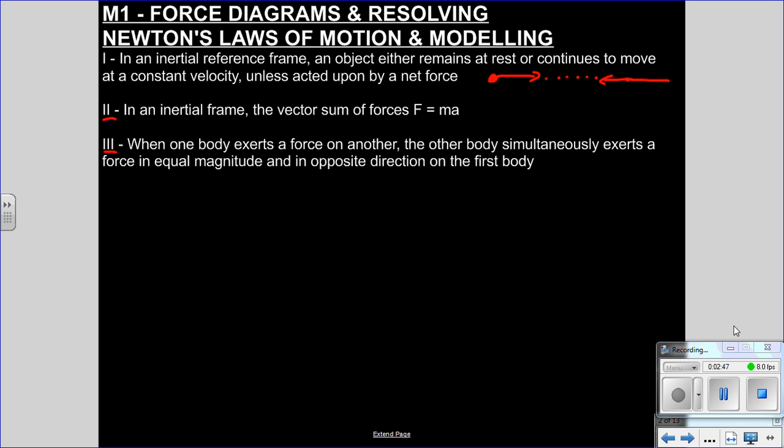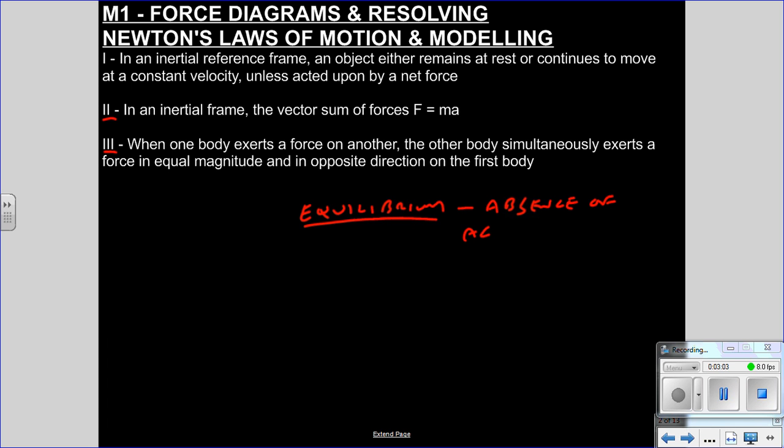So in other words, this is what we mean by equilibrium. Okay? And equilibrium is a really important concept to be referencing all the time, which means an absence of acceleration.